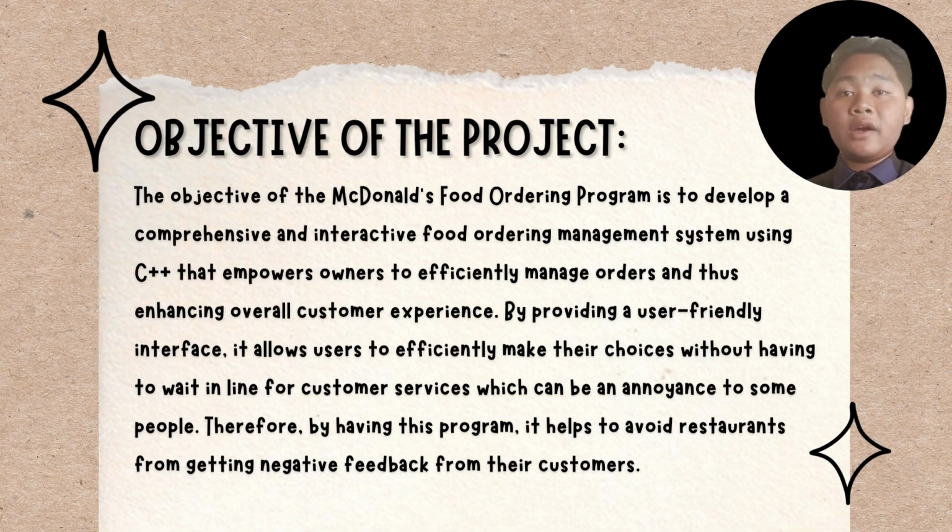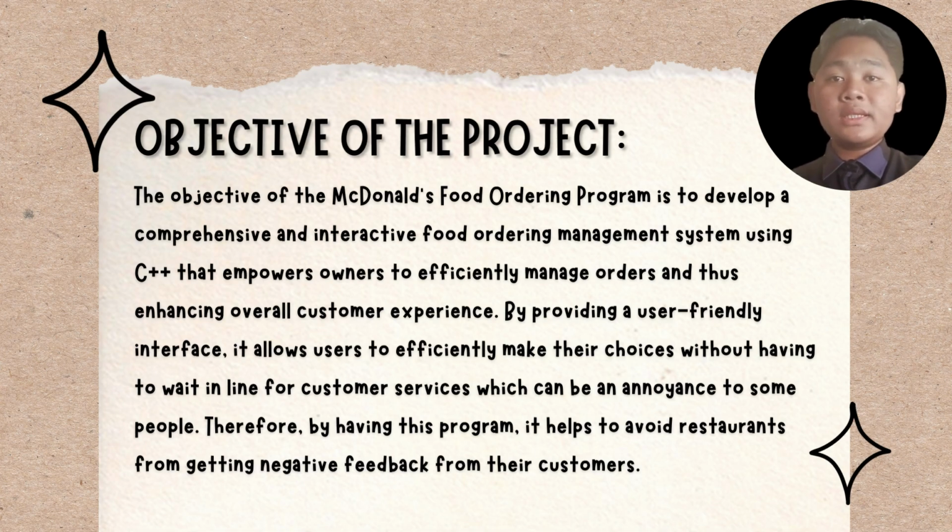The objective of the McDonald's Food Ordering Program is to develop a comprehensive and interactive food ordering management system using C++ that empowers owners to efficiently manage orders and thus enhancing overall customer experience. By providing a user-friendly interface, it allows users to efficiently make their choices without having to wait in line for customer services, which can be annoying to some people.